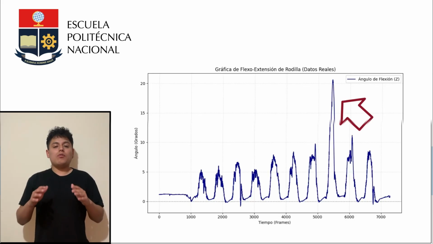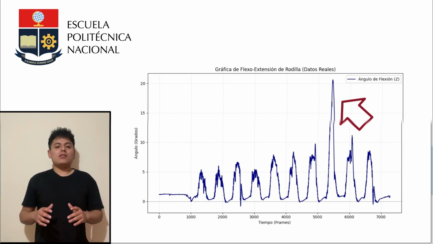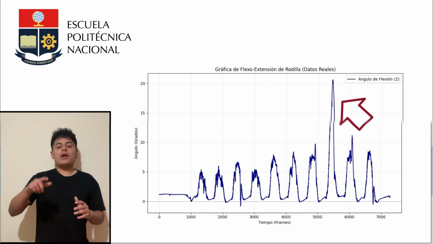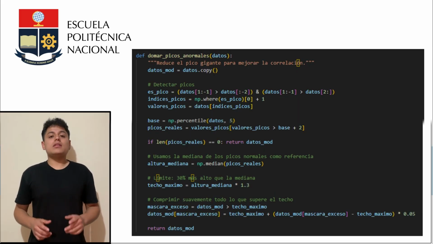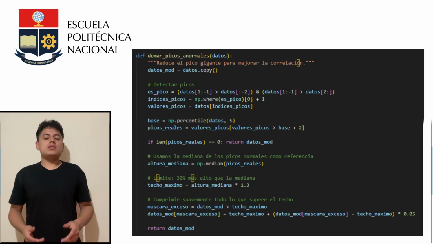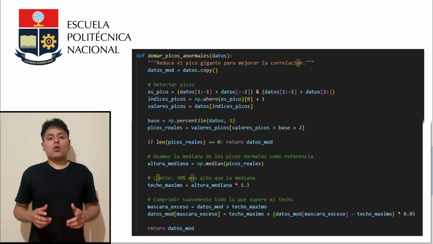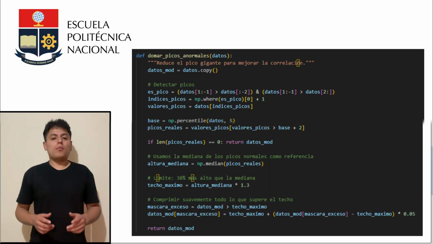A major challenge we faced was signal noise and artifacts. The data showed an initial period of static silence, and more importantly, a significant outlier peak that exceeded the normal biomechanical range by over 30%. Instead of just deleting that data manually, which isn't good practice, we wrote code to fix it properly.